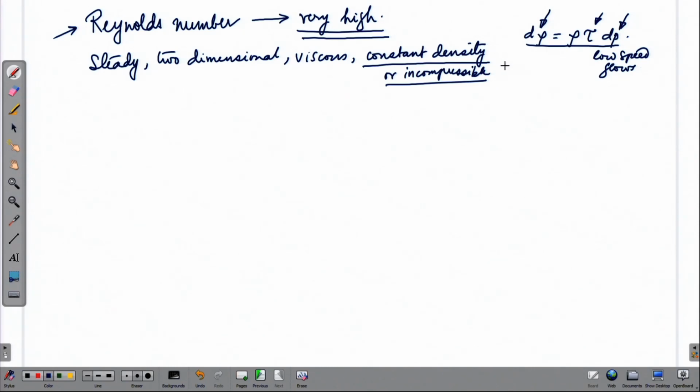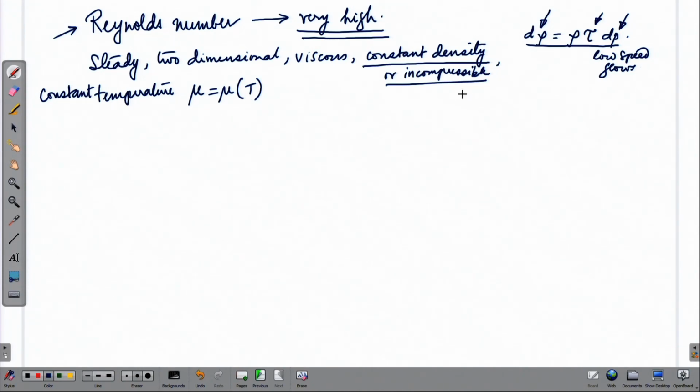So, we will assume that, and further we will assume that the temperature is constant. So, constant temperature flow or isothermal flow, which has an impact on the viscosity coefficient, because viscosity coefficient is actually a function of temperature. So, we will assume it to be constant.